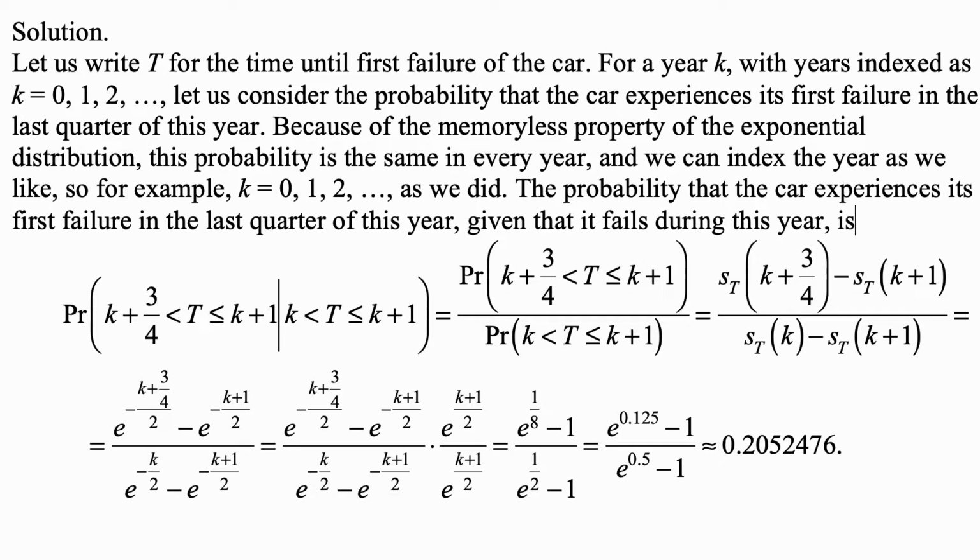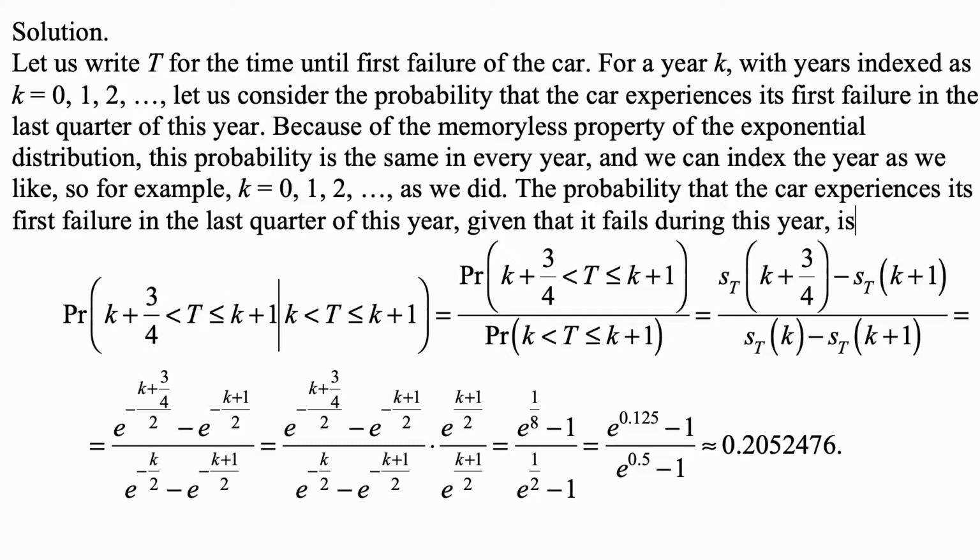So this is the probability of that divided by the probability that K is less than T less than or equal to K plus 1. And given that this is an exponential distribution, it is the survival function of K plus 3/4 minus the survival function of K plus 1, over the survival function of K minus the survival function of K plus 1.